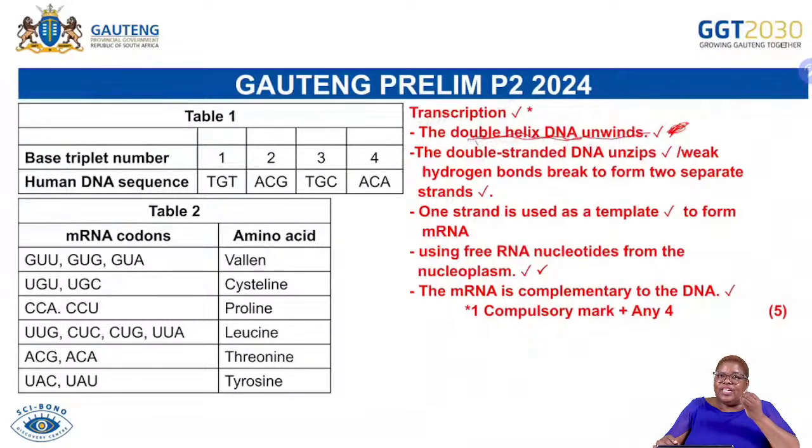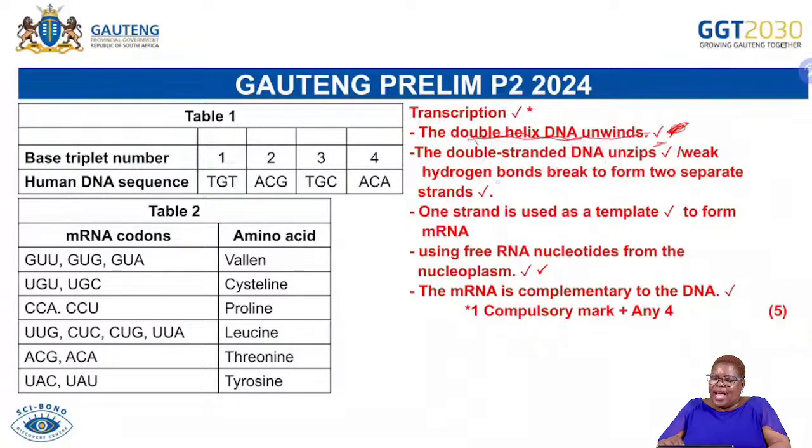After unwinding, remember you are describing there. Description is not the same as naming or listing, it is a bit of a higher order question. So when you describe, we are expecting you to at least show the cause and the effect, right? So the double helix DNA unwinds, the double-stranded DNA unzips. Remember, because we have said it is a double helix, it has to unwind, unzip, okay?